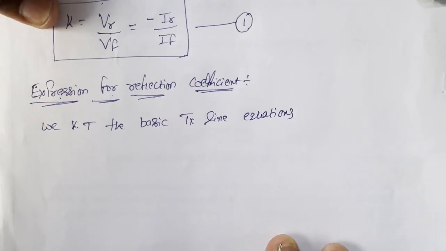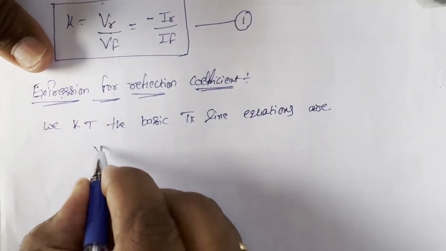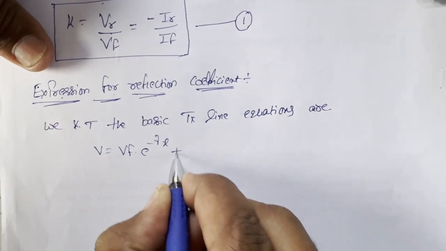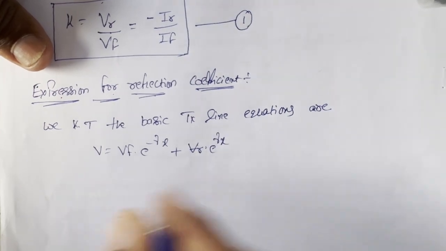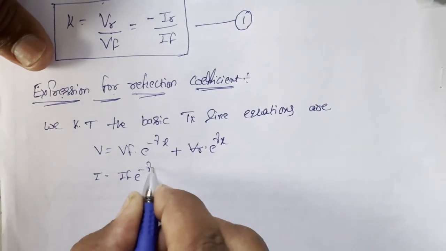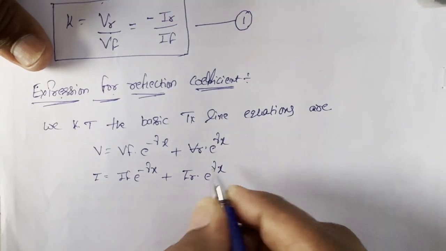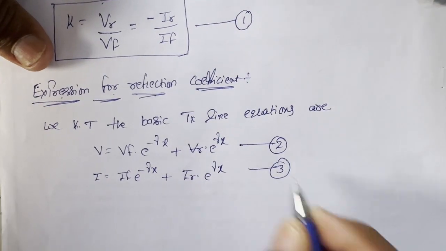The basic transmission line equations are V equal to Vf into e power minus gamma x plus Vr into e power gamma x, and I equal to If into e power minus gamma x plus Ir into e power gamma x. Let them be equations 2 and 3.